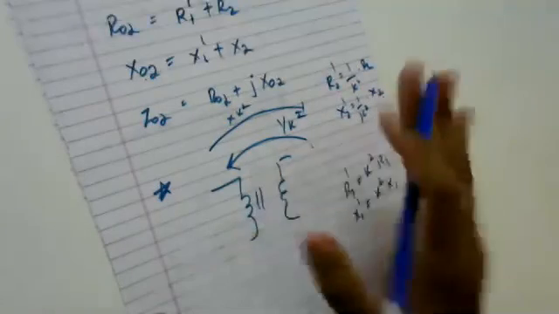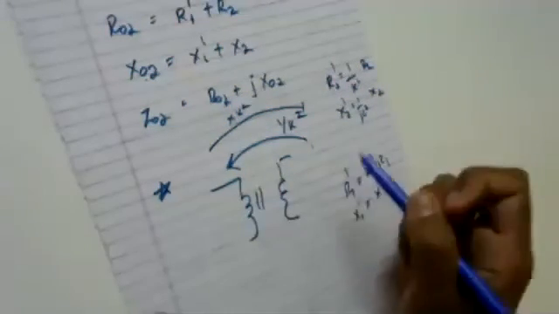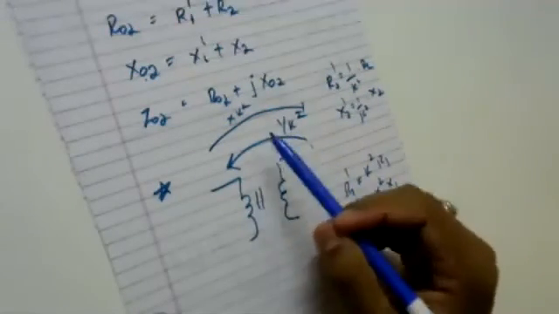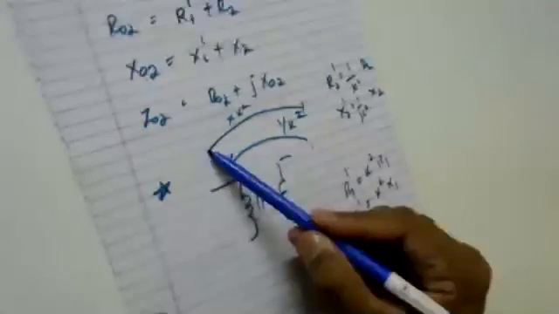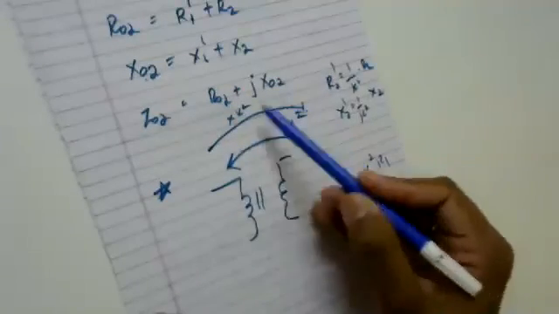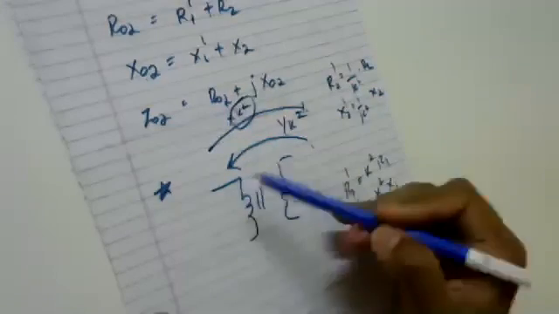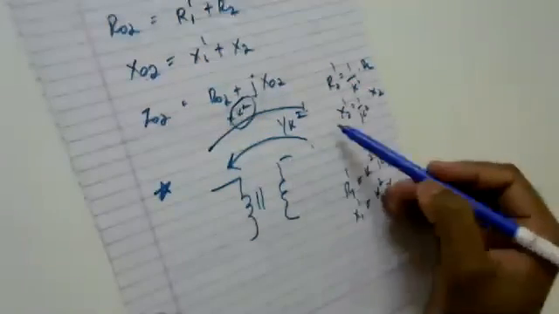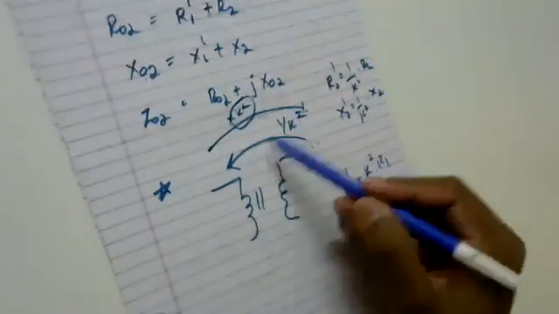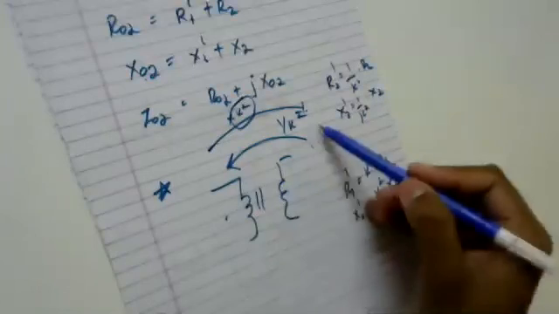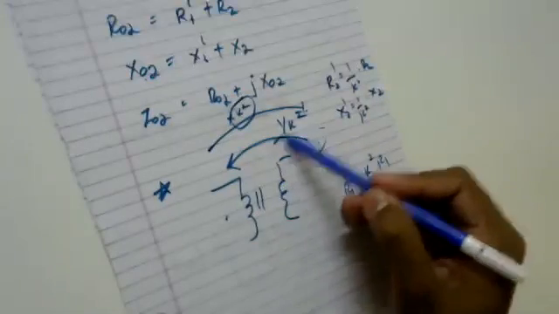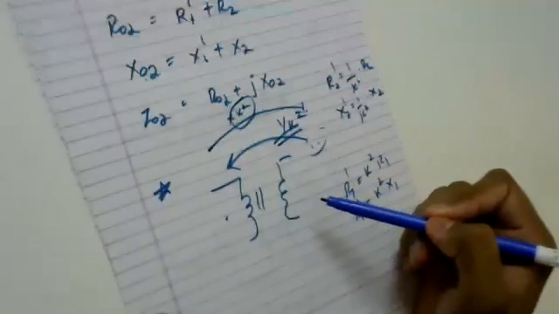So in short, what you need to remember: whenever I want to transfer any primary component to secondary, multiply that component by k square. Whenever I want to transfer any secondary component to primary side, multiply that secondary component by 1 by k square.